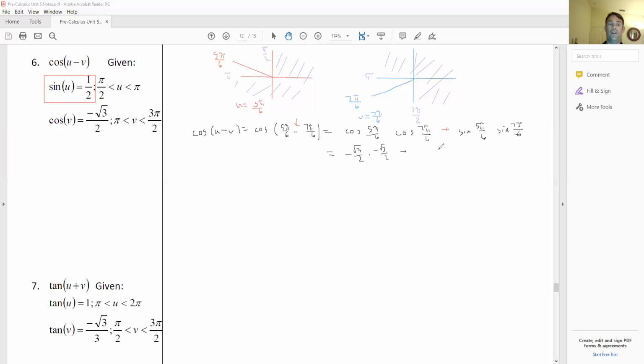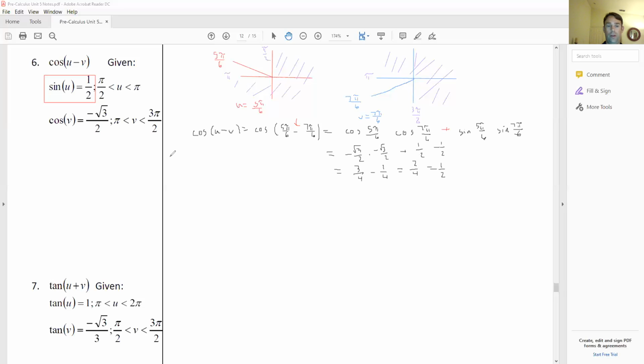Plus sine of 5 pi over 6, that's going to be 1/2. And sine of negative pi over 6, that's going to be a negative 1/2. So I get 3/4 minus 1/4, which would be equal to 2/4, which is the same thing as 1/2.